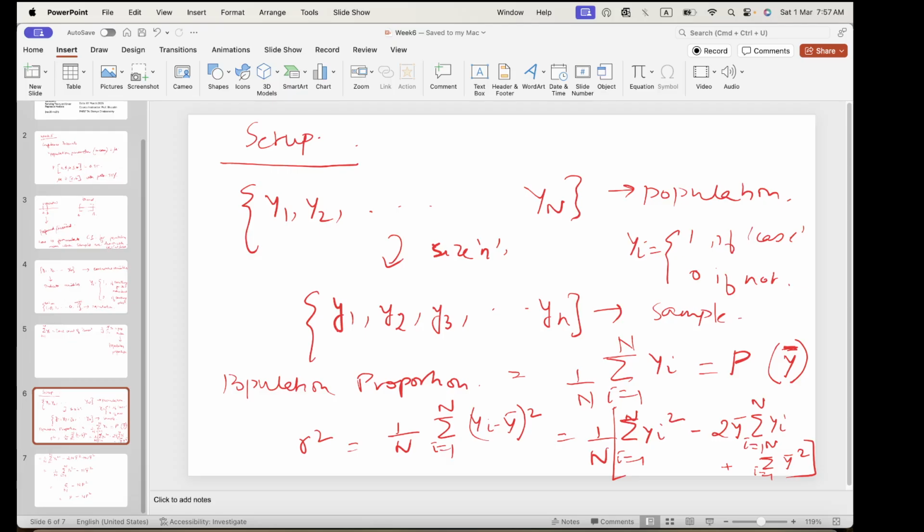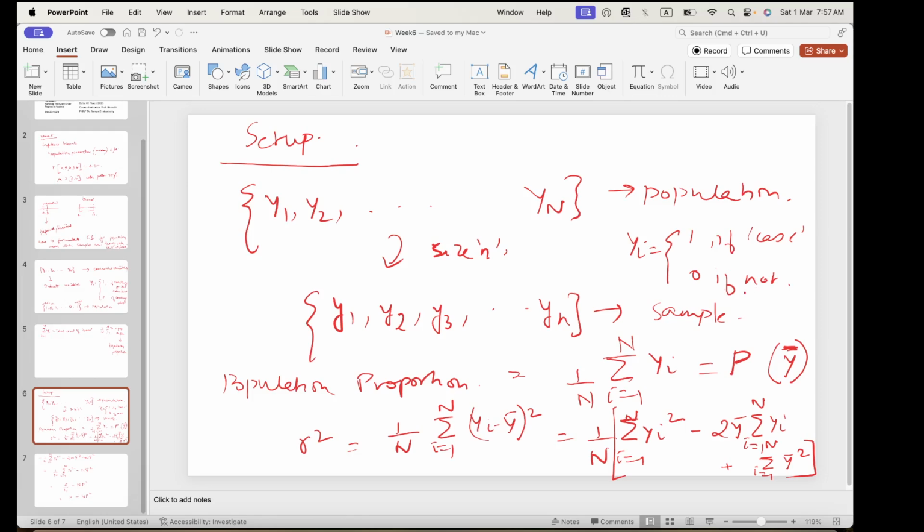So I would have small y1 to small yn, and yi's are such that yi is 1 if it's a case, some characteristic, let's say, and 0 if not.